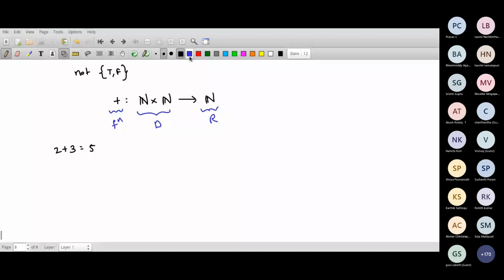So this is known as infix notation. But technically, this is actually equivalent to this notation, because plus is nothing but a function, right? It takes two arguments and maps it to an output. So this is prefix notation.